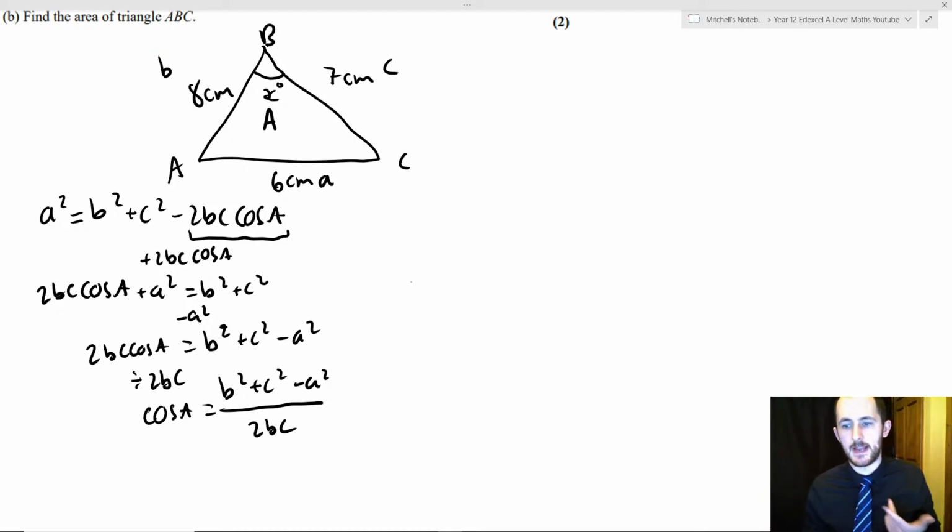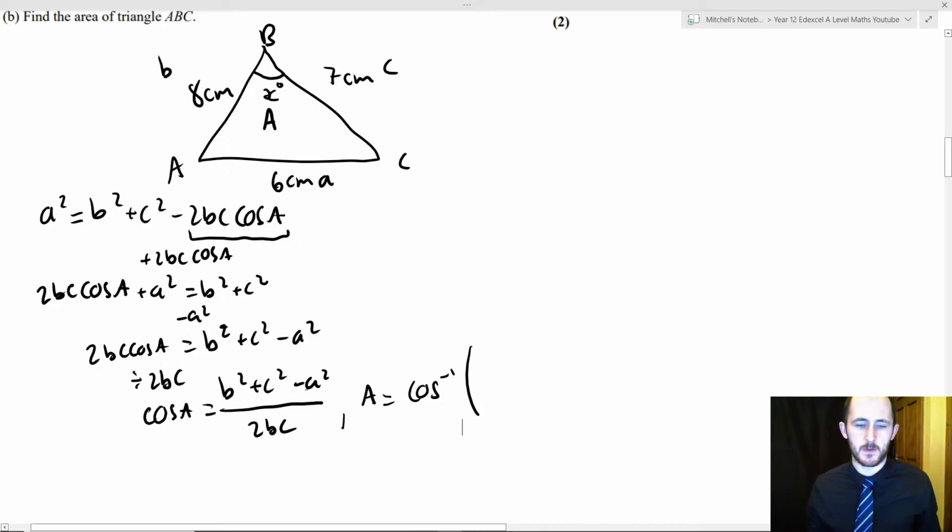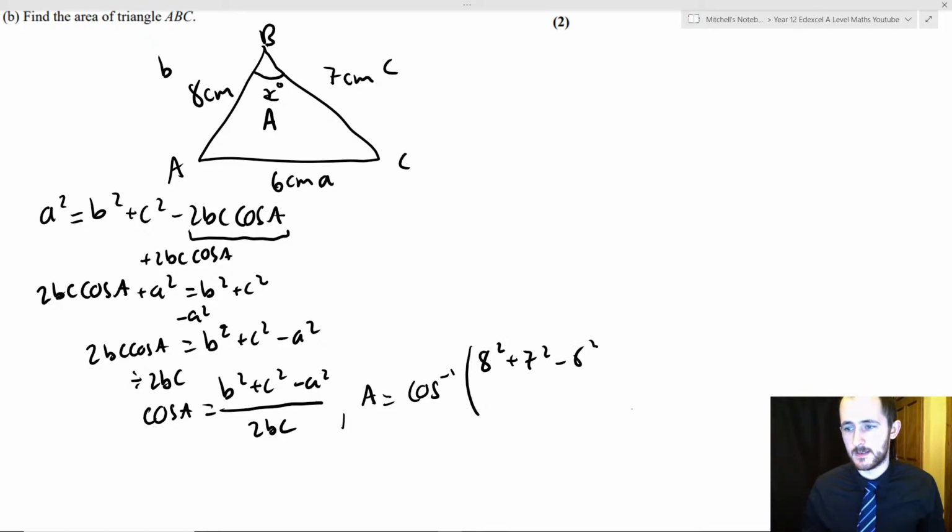Nice. Now you can actually just go straight for the angle by inverse cosing everything and putting that all in a bracket. So B squared plus C squared minus A squared. So again, B squared plus C squared, that's 8 squared plus 7 squared. A squared is 6 squared in this case, so minus 6 squared over 2bc, so 2, 8, and 7.